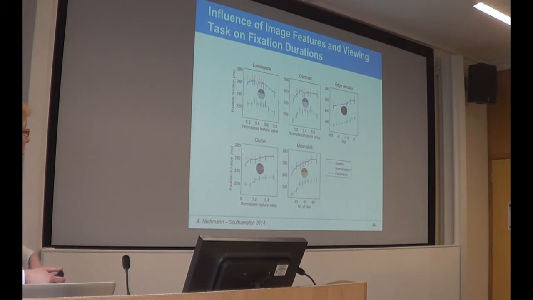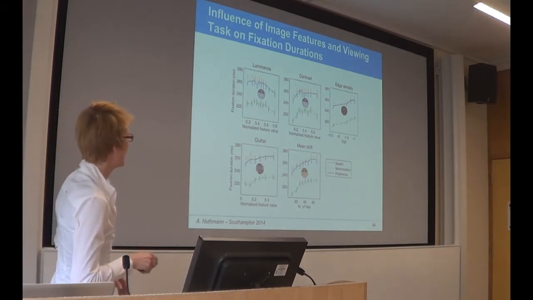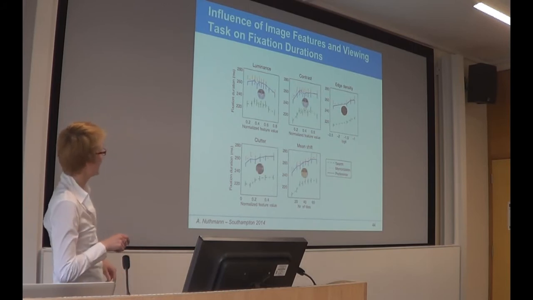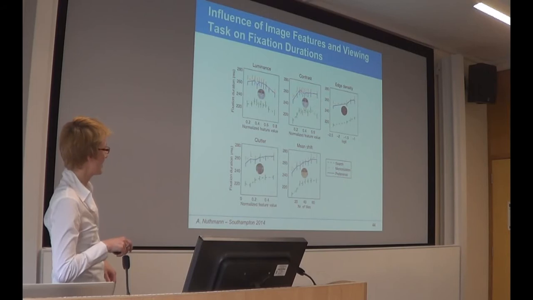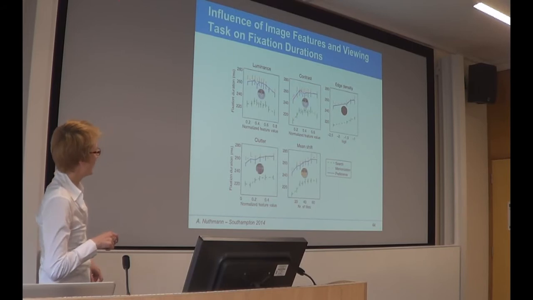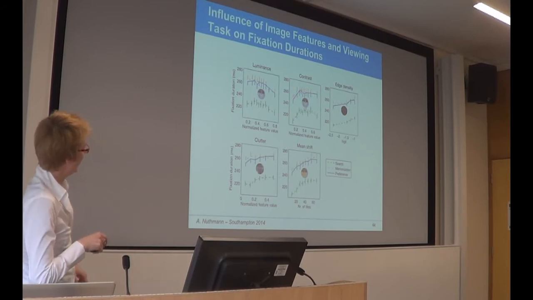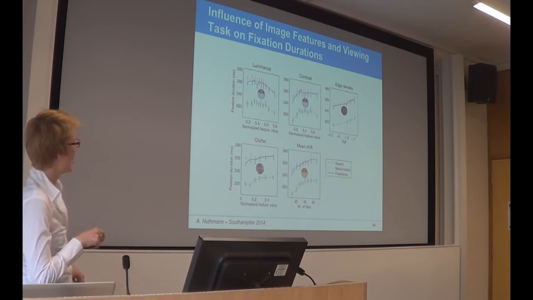So this is a summary of our maps. And most of the results, I don't want to talk about this in too much detail, but each panel is one feature, and the different lines are again the different viewing tasks. We can see what we saw again: storage has shorter durations, but there's no interaction with the other two tasks. The other two are very similar, but really the focus is on whether the features modulate fixation duration.